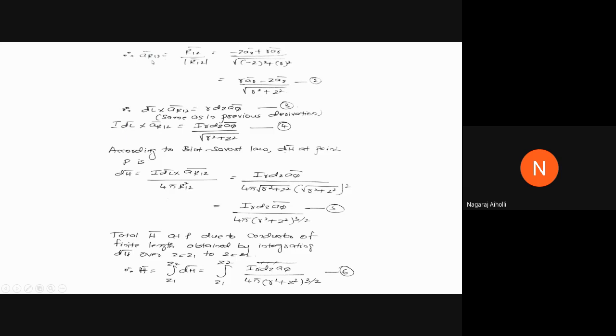The unit vector is the vector divided by its magnitude, that is R aR bar minus Z aZ bar divided by square root of R square plus Z square. Take it as equation 2. Again, we are finding the cross product as we did for the previous derivation, dl bar cross AR12 bar. It will be the same because this is R, this is minus Z. There also it was the same. R by square root of R square plus Z square, then minus Z divided by square root of R square plus Z square.